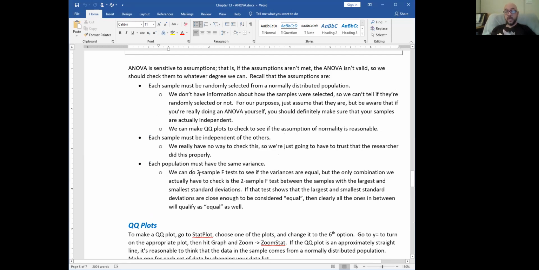You really want to check them, and you really want to be honest and straightforward and upfront about how well you met them or not. And when I say you met them, I don't mean you literally, right? How well the researcher met them. You're just doing the analysis. It's not like you're going to go to jail if you botched your ANOVA assumptions. But be honest about them.